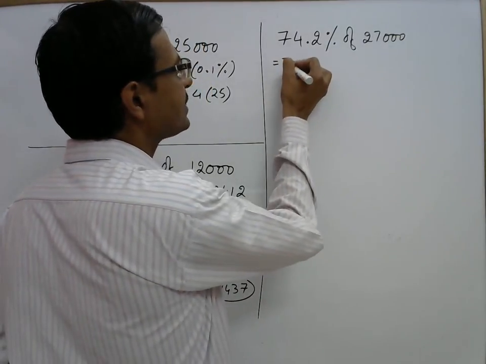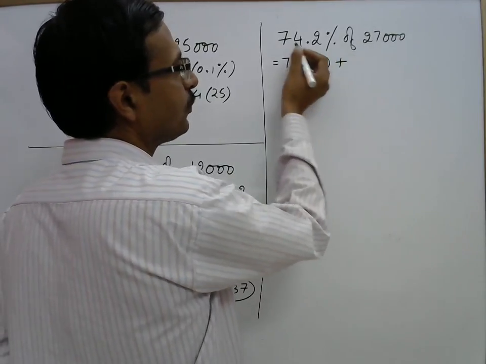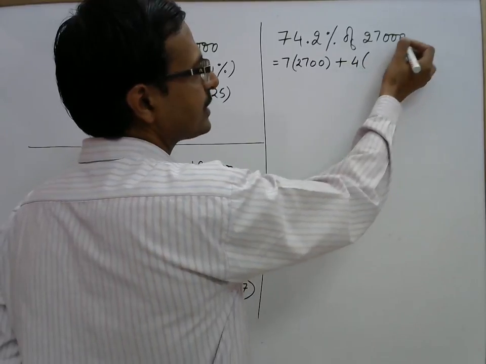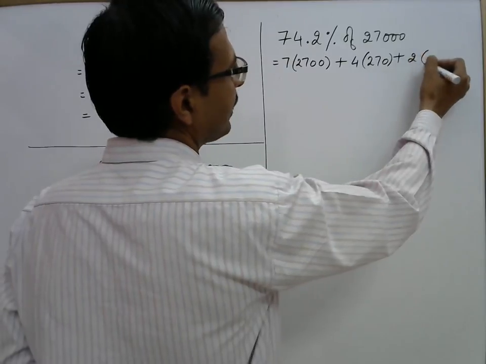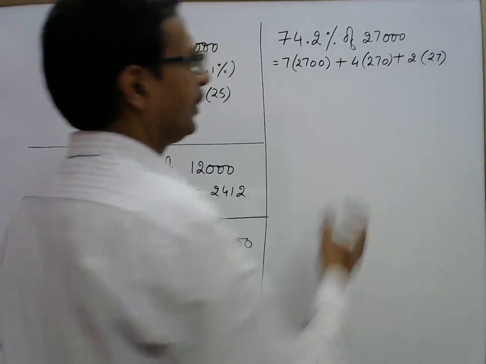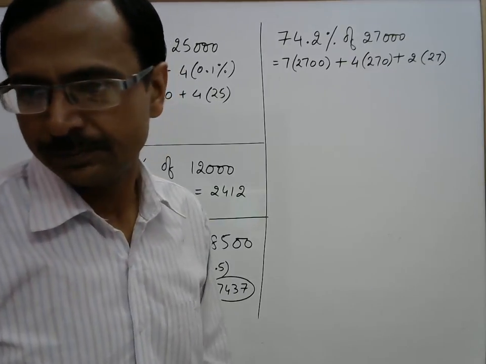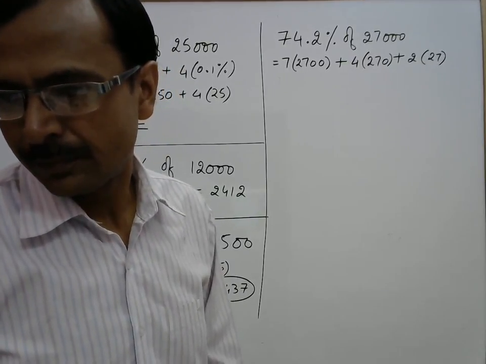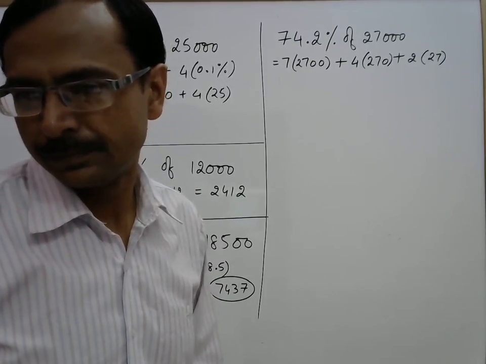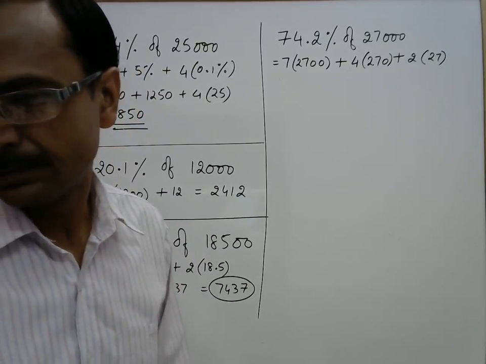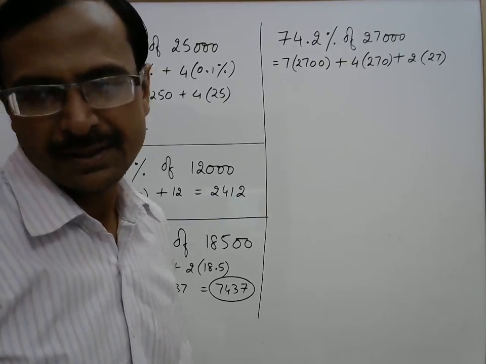This is 7 into 10%. 10% is 2700 plus 4%. So 4 into 1%. 1% is 270. And 0.2%, 2 into 0.1. 0.1 is 27. Now this is how you got to break it. And after this, you can surely get your answer. Let's have the calculation part.